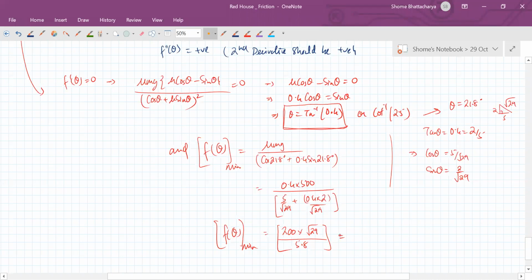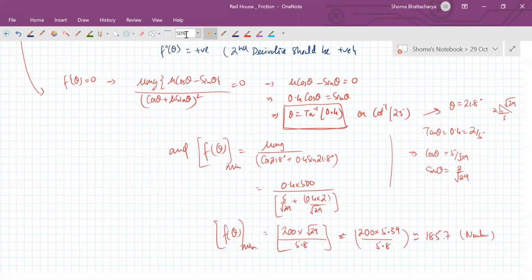You just have to do a bit of approximation. So 200 into approximately 5.39 divided by 5.8. So this will give you 185.7 approximately.